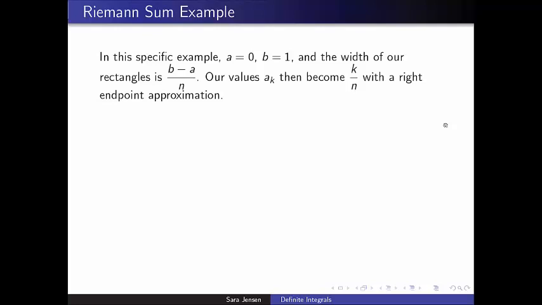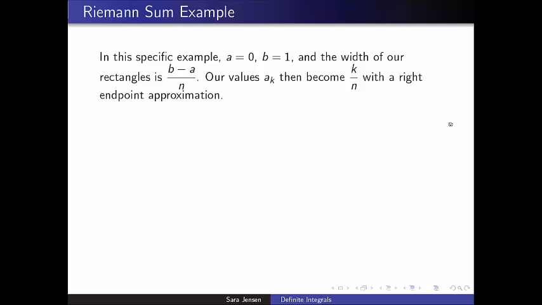The a sub k's that we had marked out along the positive x-axis, which were the endpoints of the base of the rectangle, then become k over n.